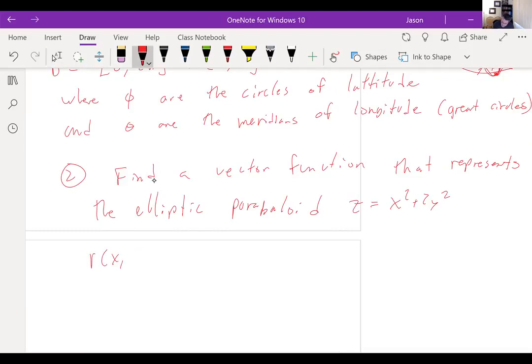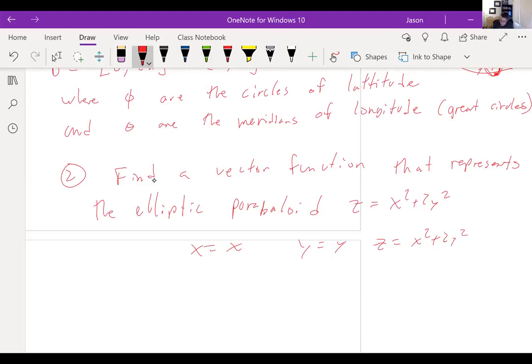So this is r of x comma y is equal to, okay, well, we're going to parameterize this so that x is equal to x, y is equal to y, and z is equal to x squared plus 2y squared.